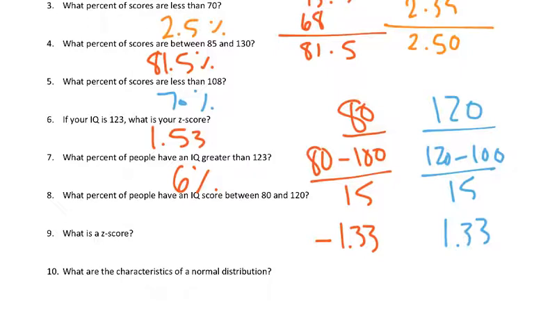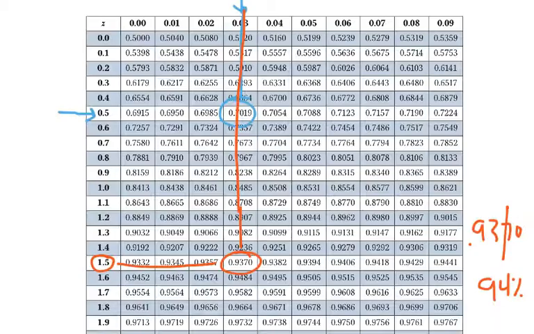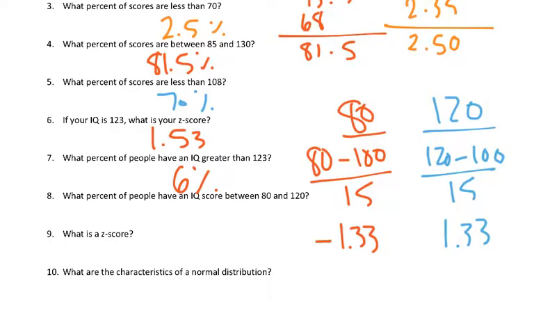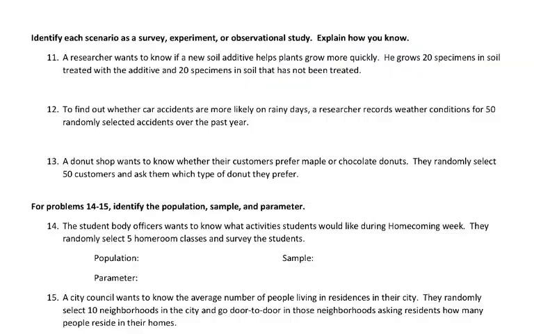So they're both the same distance away, aren't they? 20 points away. So now we look those up. Okay, so the first one, 1.33. So I go 1.3, so right here. And then we look at 0.03, so it'd be right there. Okay, so we'd get 0.9082, or we'd round to 91%, right?